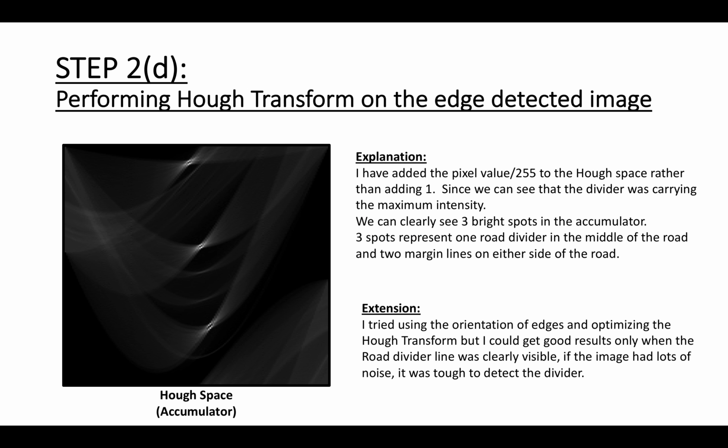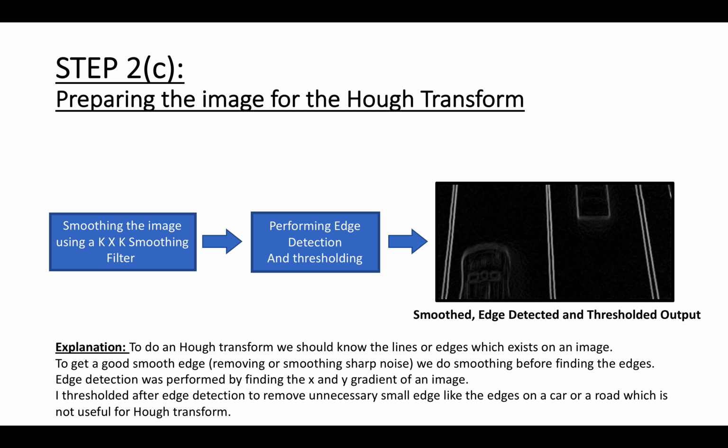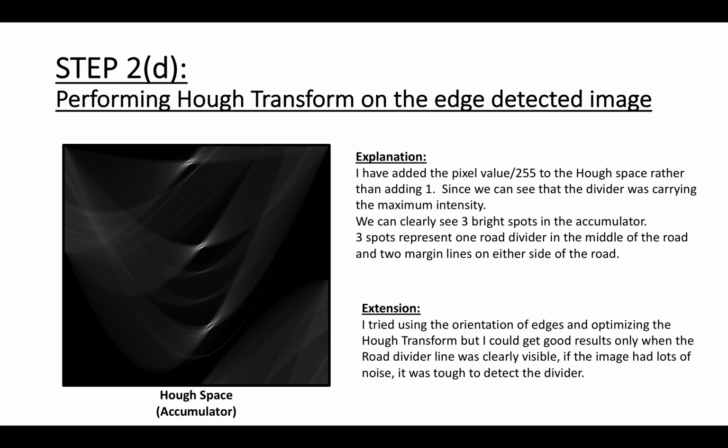This is what we got after doing a Hough transform on the previous image. I added the pixel value divided by 255 to the Hough space rather than adding 1 to the accumulator. We can see in the previous image that the divider had the maximum intensity, so applying this method would be really useful.